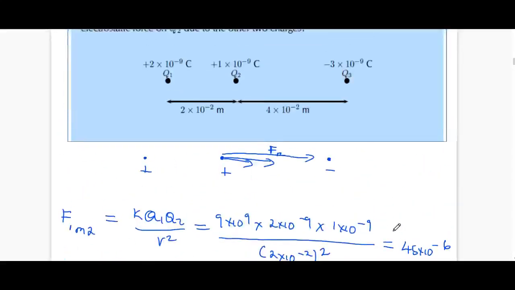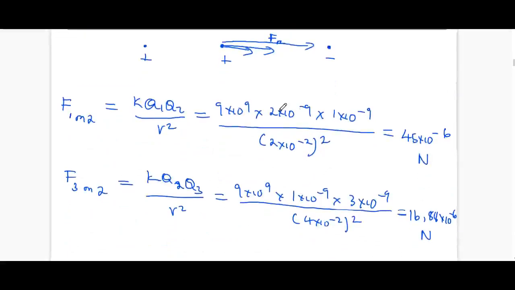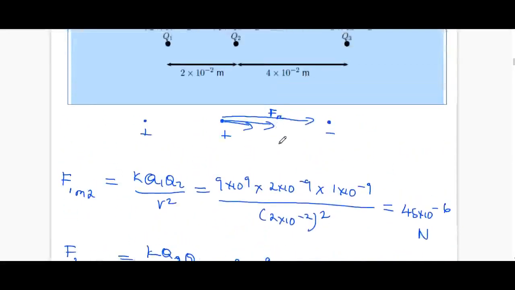Here we can see that the longer one, the one with the larger magnitude, is 1 on 2. This one is 1 on 2, and this one is 3 on 2.